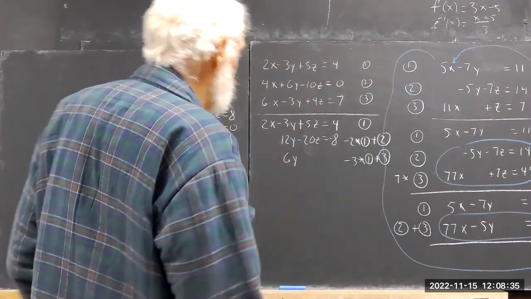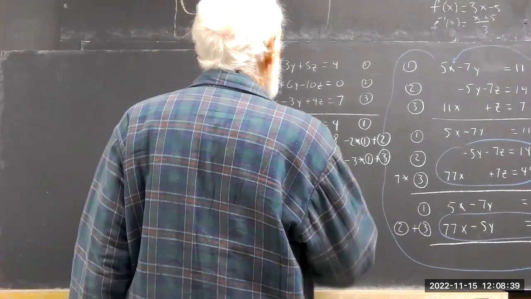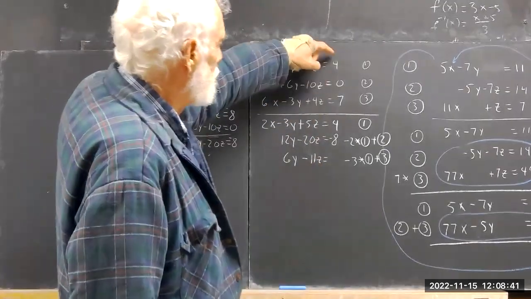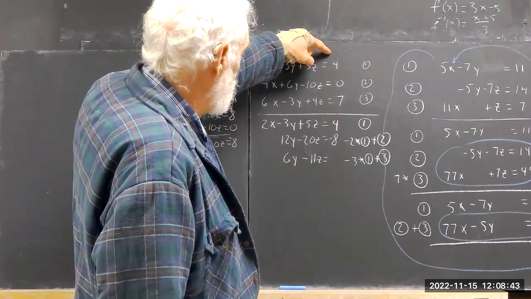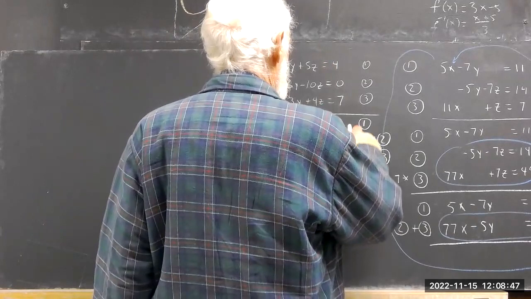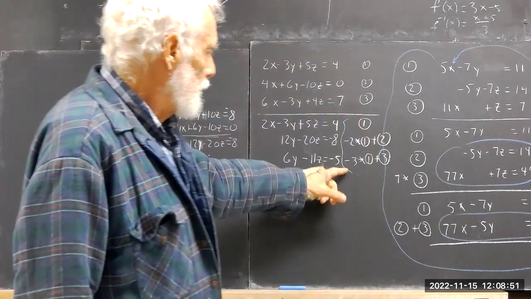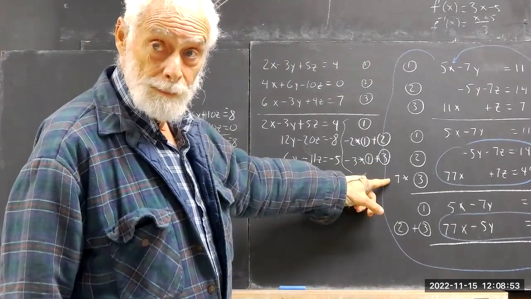Added to 4z gives me minus 11z. And -3 times 4 is -12. I add that to 7, I get -5. That's what I get if I do this calculation.